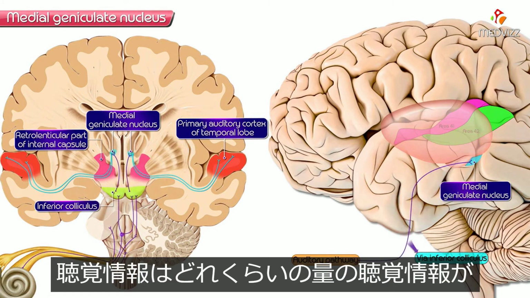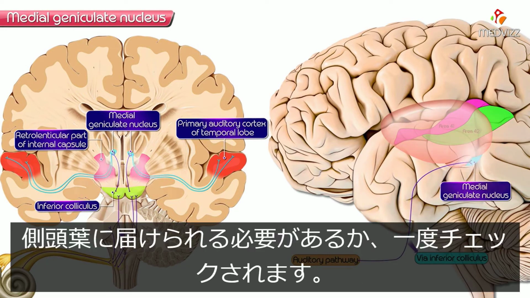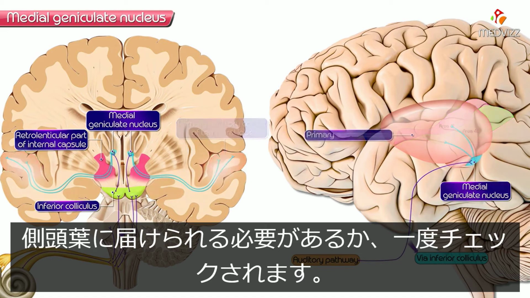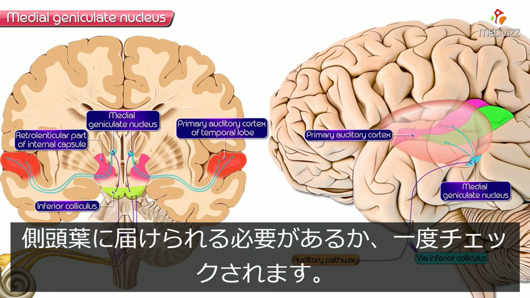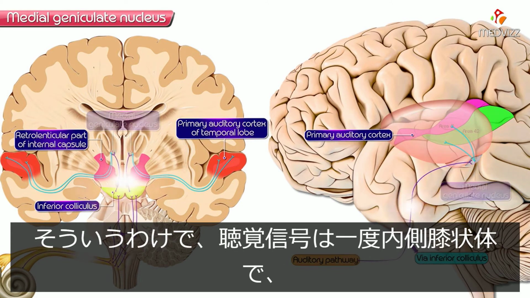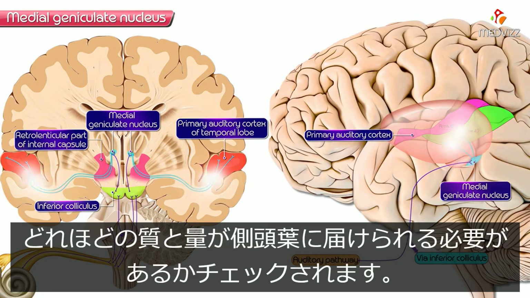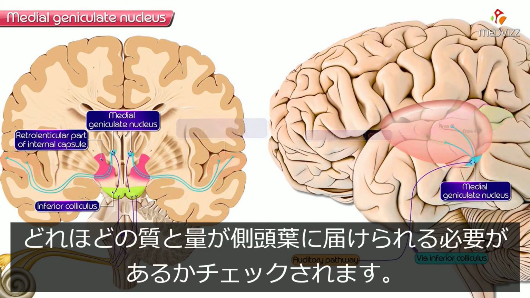After receiving the auditory information, the medial geniculate body has to process it and check how much information needs to be sent to the primary auditory cortex. That is the reason the relay of auditory impulses takes place in the medial geniculate body, where it checks the quality and how many impulses need to be sent to the primary auditory cortex.